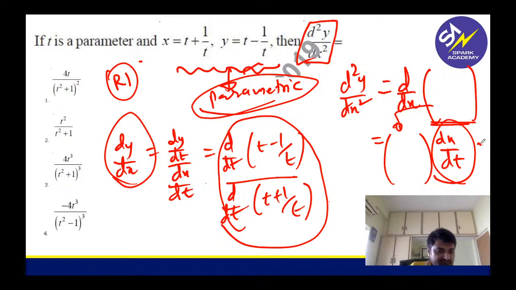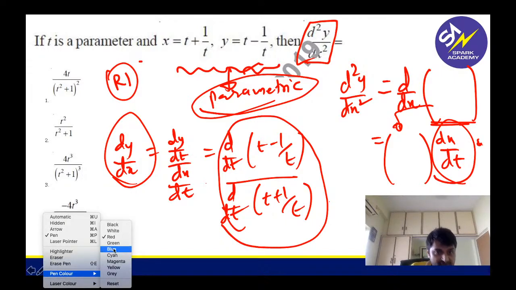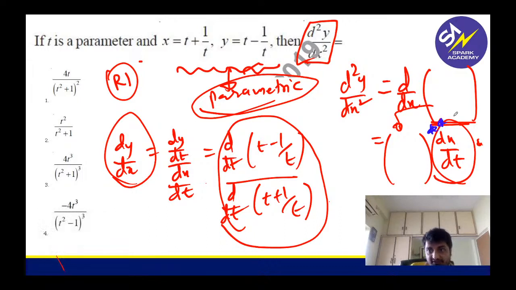The only step I want to remind all of you, which many of you had doubts about and made mistakes in while we were doing differentiation, was forgetting to multiply by dt by dx. Since it is t with respect to x, dt by dx. Is that clear? Everybody? Got it, right?